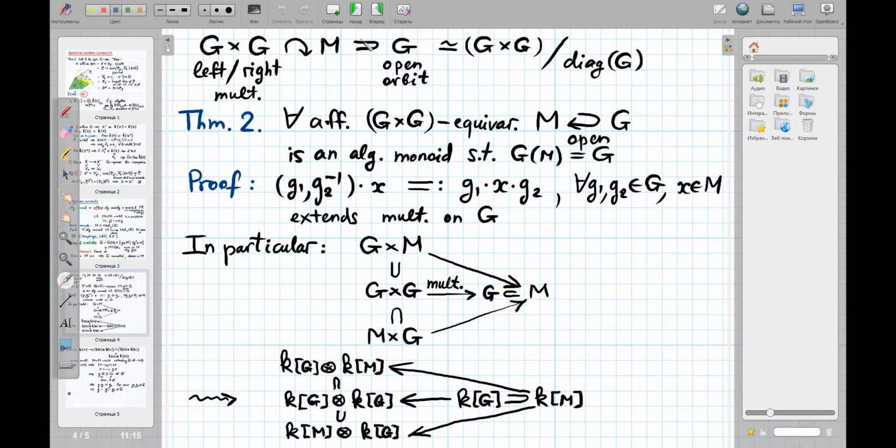It doesn't extend over algebraic varieties, over algebraic monoids in this terminology, because you have to require that the operations should be morphisms. Yeah, this is important, that the multiplication law should be a morphism. I don't think that your general construction satisfies this condition.